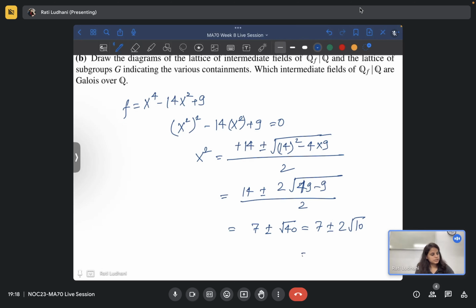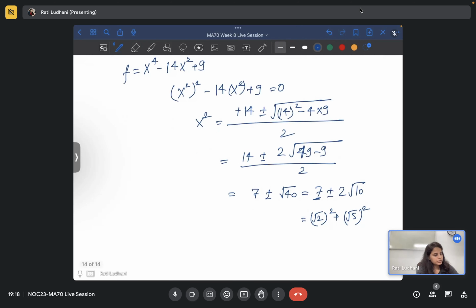And actually you can see this: you can write root 2 squared plus root 5 squared. So you can split 7 as 2 plus 5, and then you can see this is plus minus 2 root 2 into root 5. So you can write it like this. So this x will be root 2 plus minus root 5, and you have plus minus here also.